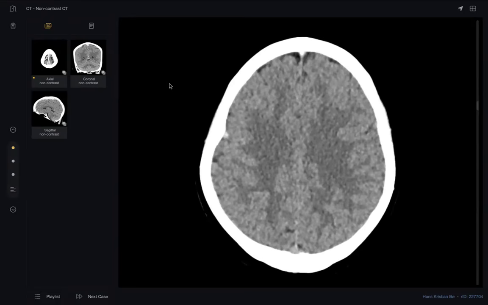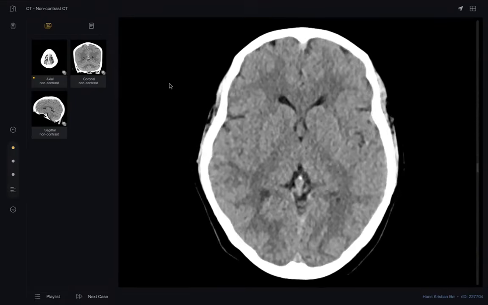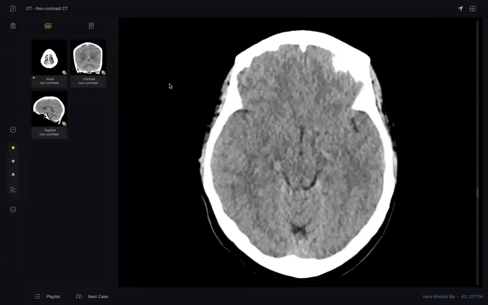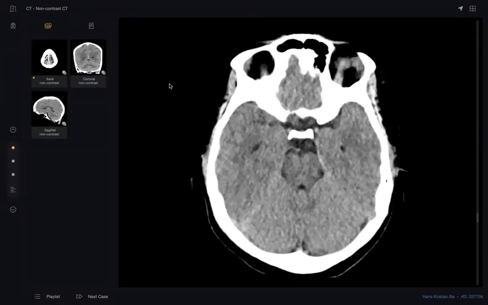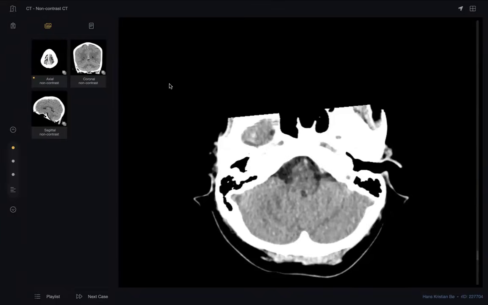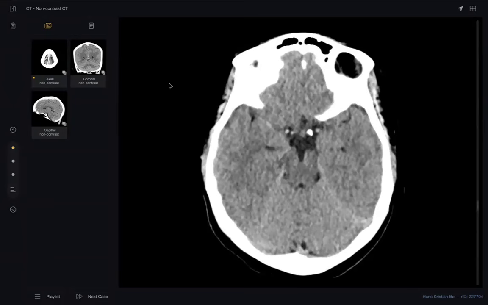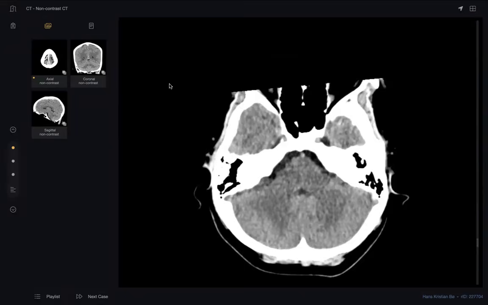I want to scroll further to the base of the skull. Okay, I can see that the ventricular system appears normal, no shift of midline structure, and there is no crowding of the area of the foramen magnum. I want to correlate with the sinus.